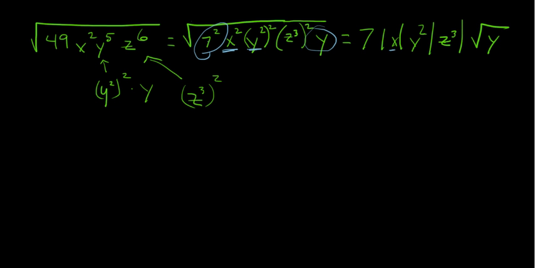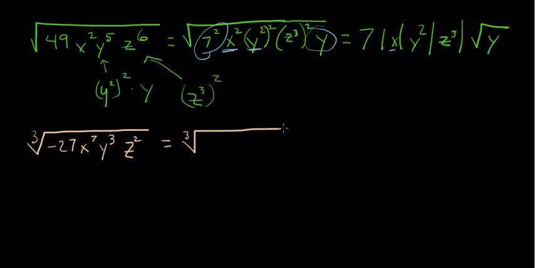So what's all that about? Well, let's try another one. Since you're experts at this already, let's try the cube root of negative 27 x to the seventh y to the third z squared. Once again, let's write this in such a way where I can get it up from underneath the radical sign.